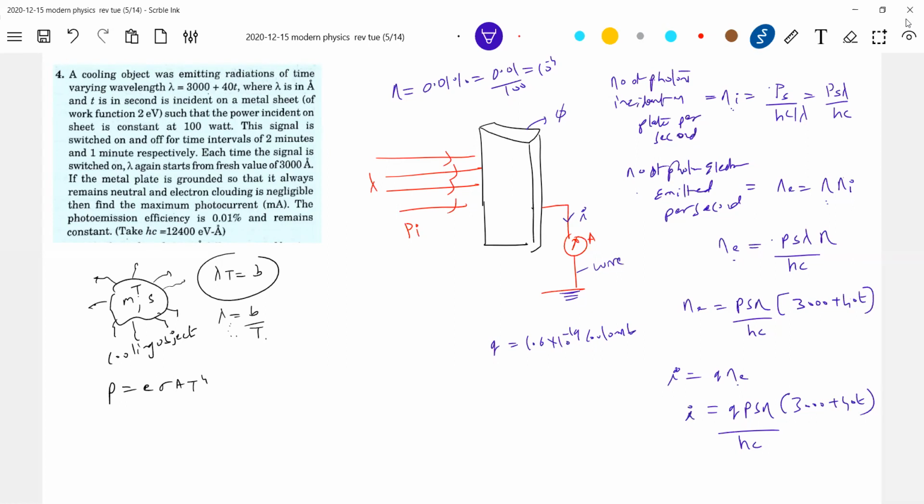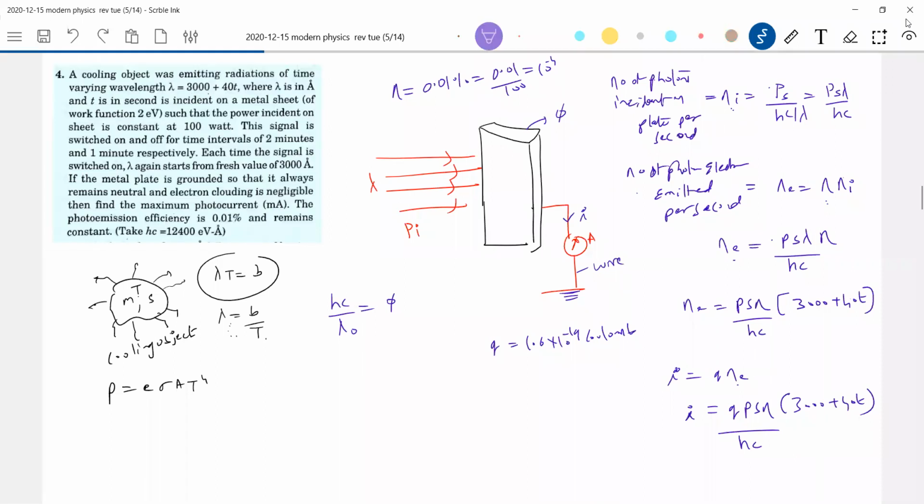No. Control your mathematics. Take help of the threshold wavelength. So how to calculate the threshold wavelength here? hc by lambda should be equal to the work function. The hc value is given, so we have to do that separately. hc by lambda naught should be equal to the work function. We know hc, so lambda naught is what?